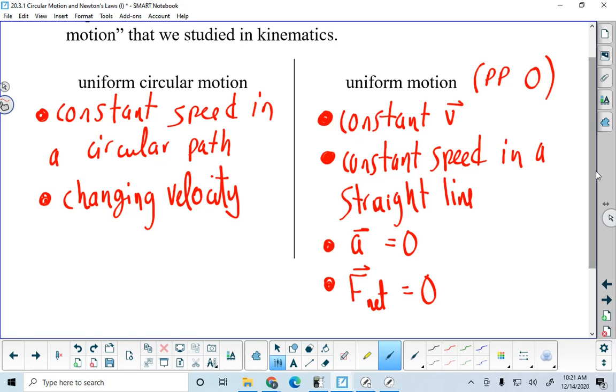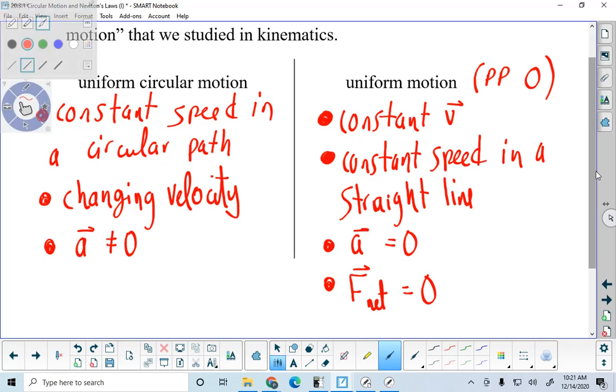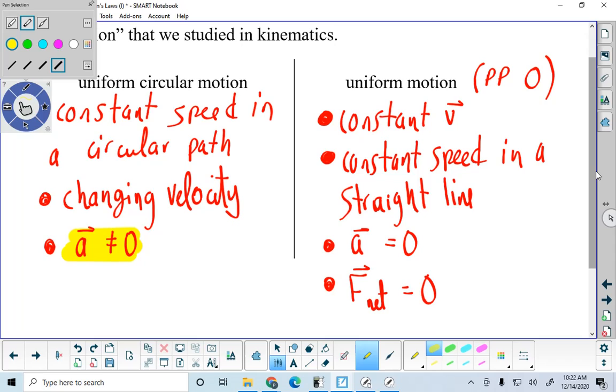And if the velocity is changing, you have to really stop and think every time you see what I'm about to write to make sure you understand what it truly means. What that means is that the acceleration for uniform circular motion is not equal to 0.